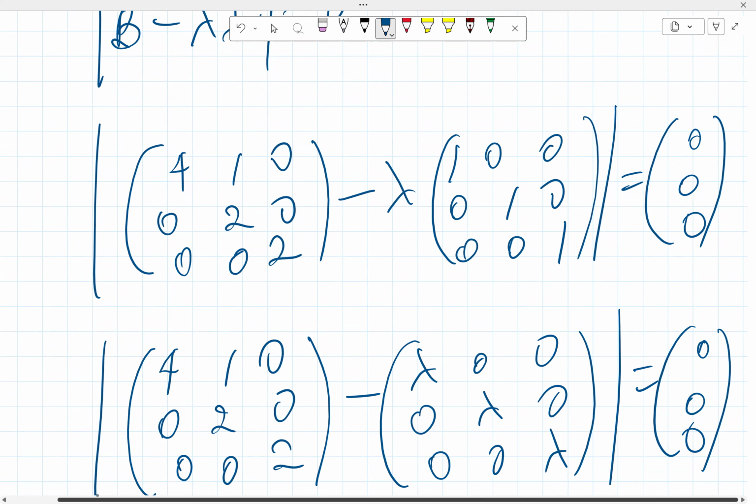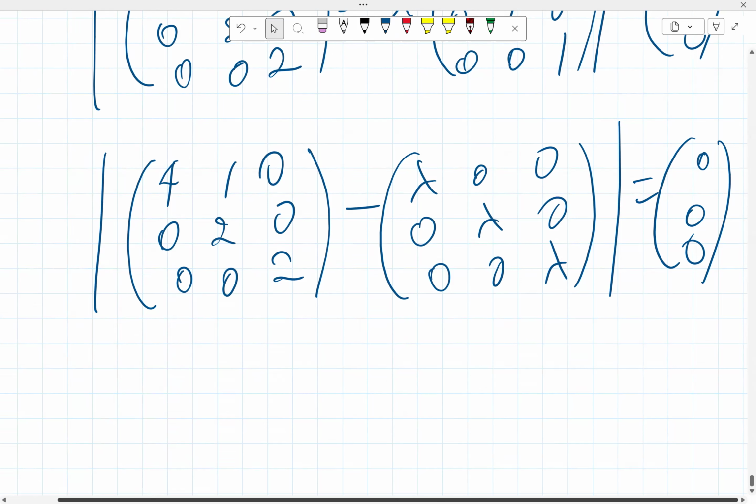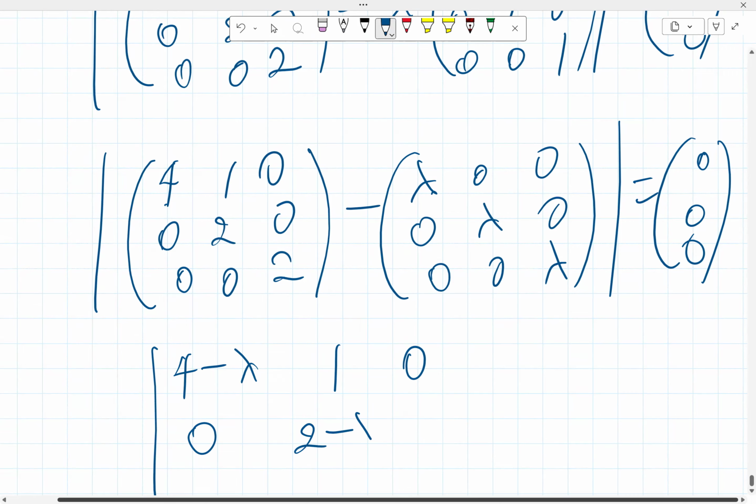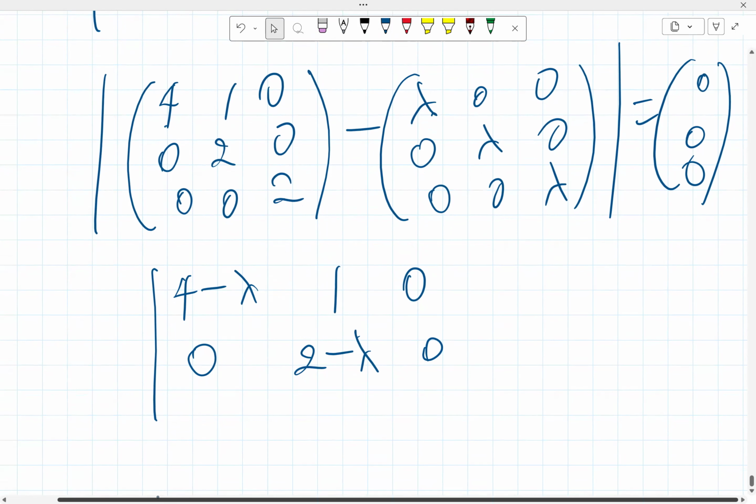From there, you subtract corresponding terms: 4 minus lambda, 1 minus 0 is 1, 0 minus 0 is 0, 0 minus 0 is 0, 2 minus lambda right here, then 0 minus 0 is 0, 0 minus 0 is 0, and 2 minus lambda right here.